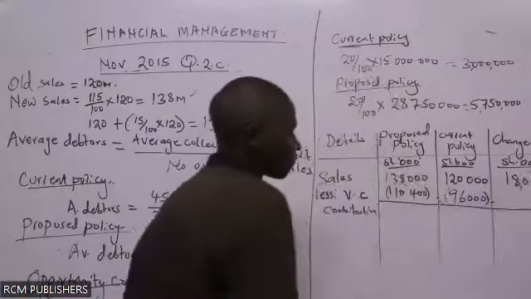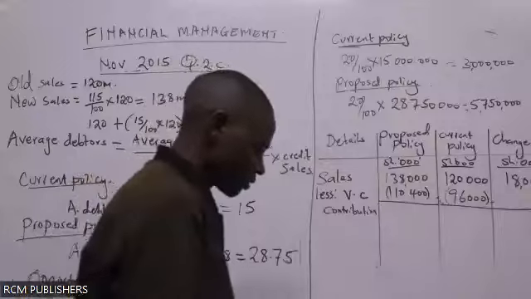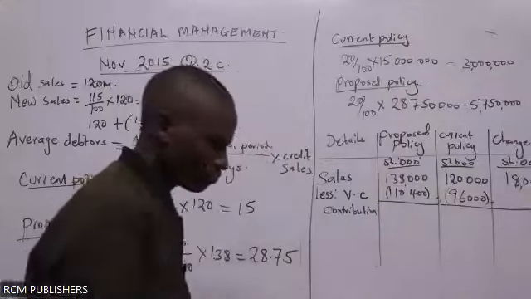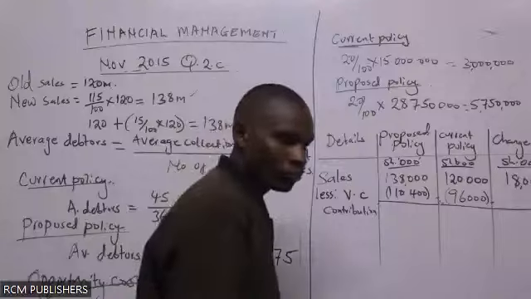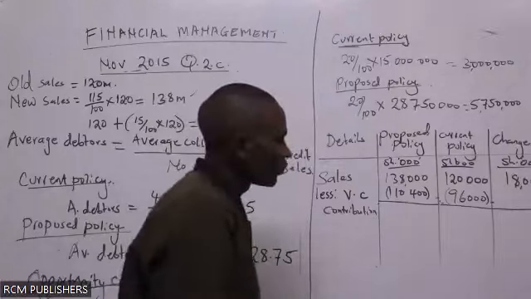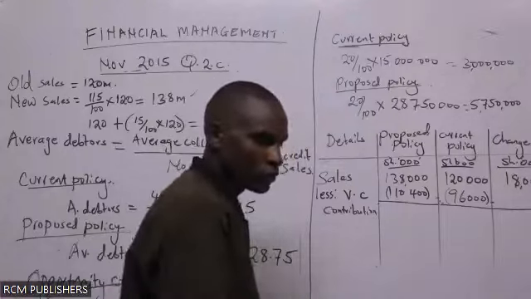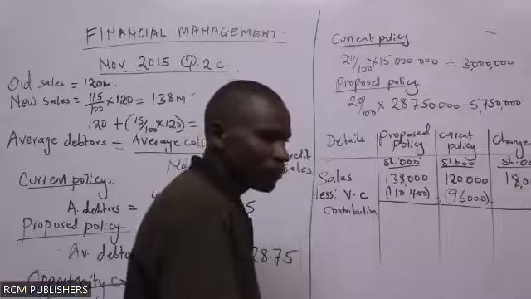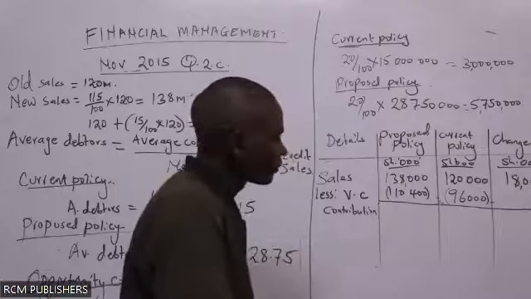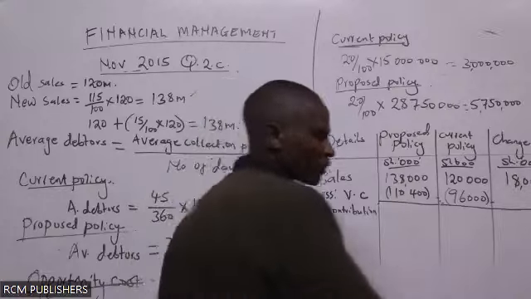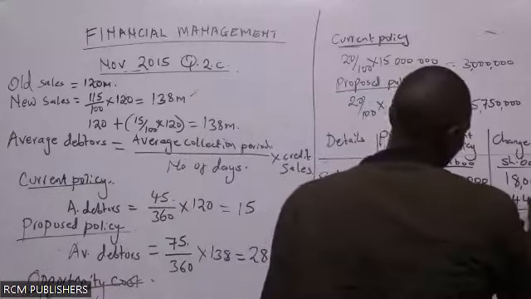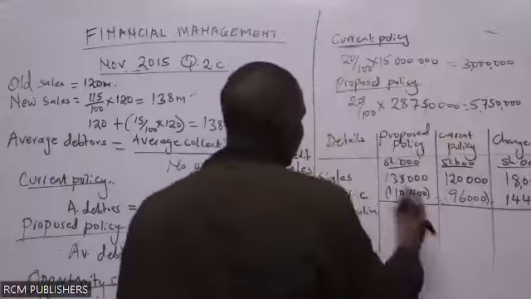Give me the change. 110,400 minus 96,000. Pata ngapi? 14,400. Give me the contribution.